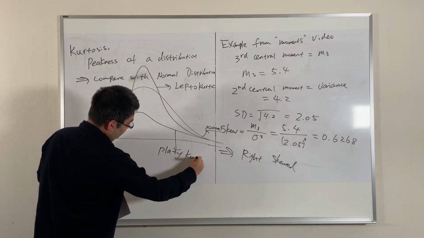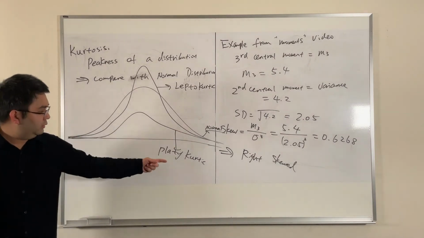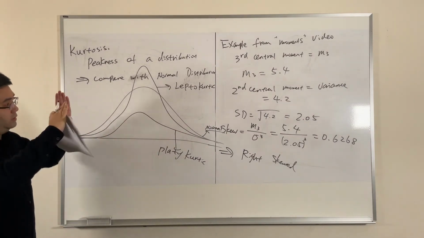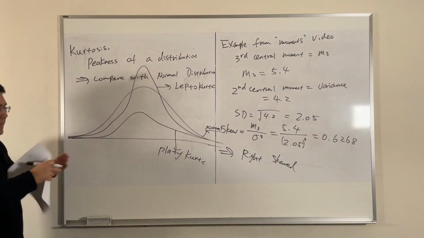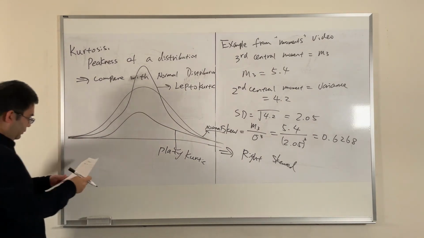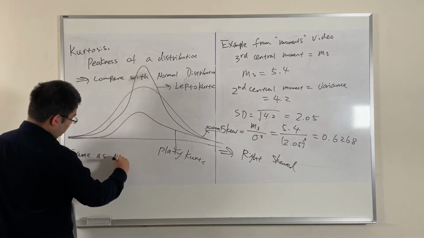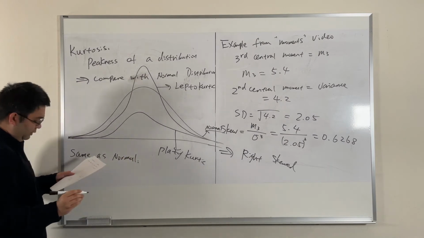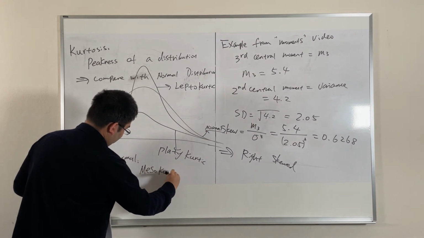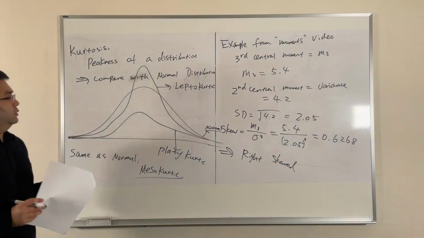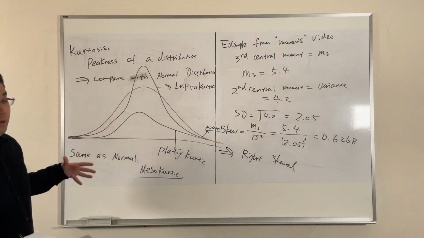So if the peakness is flatter than normal, it's platykurtic. And what if it's exactly the same as a normal distribution? Then we have mesokurtic.